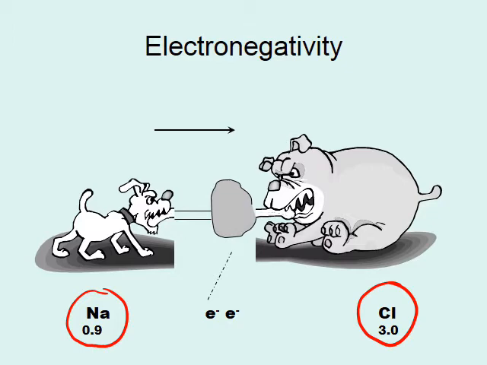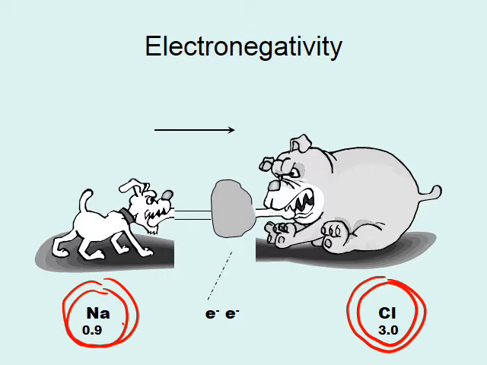Sometimes, if it is far right, except the noble gases, which do not show any electronegativity, elements on the right-hand side are more electronegative than the left-hand side. So this is coming from the far right end, and this is coming from the far left. That's why this has a much lower electronegativity value than this.